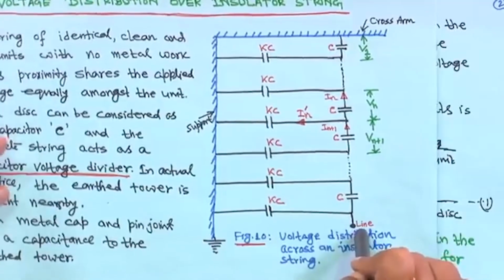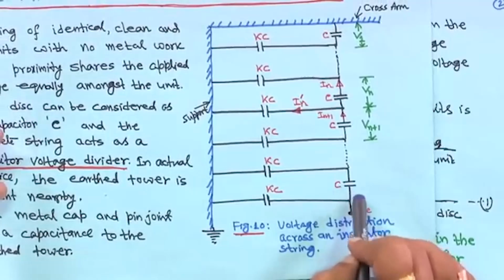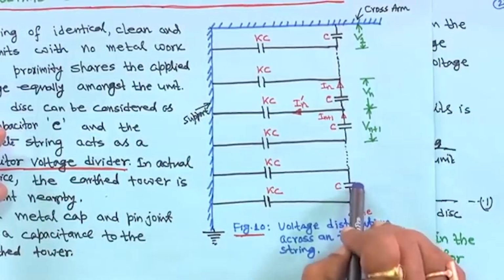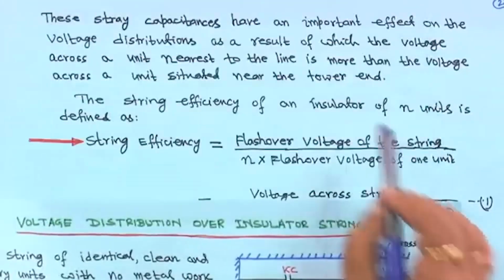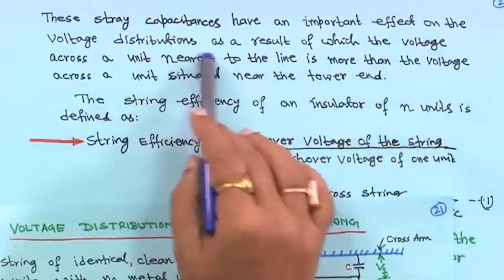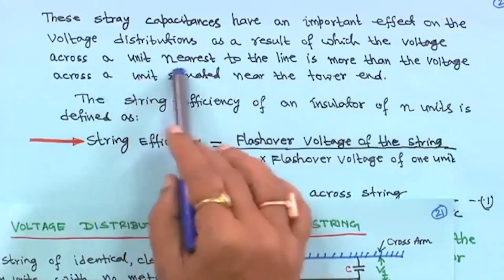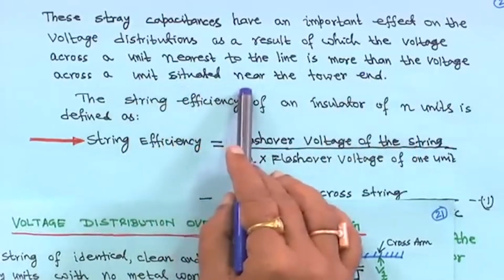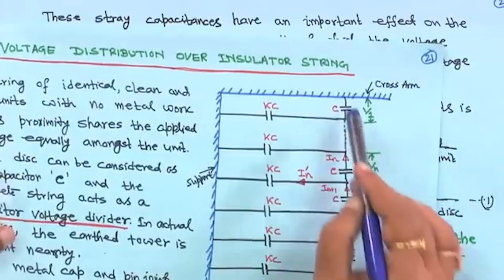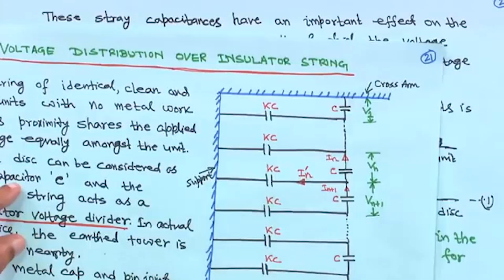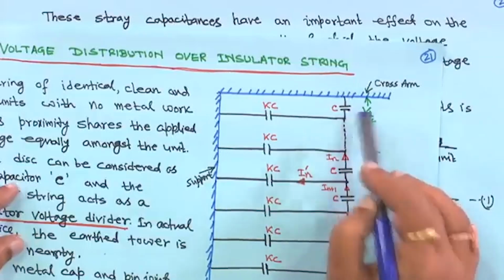There are several units in the string. So the voltage across the unit nearest to the line is more than the voltage across a unit situated near the tower end. This is the tower end, and this is near the line, so the voltage will be more here than here.